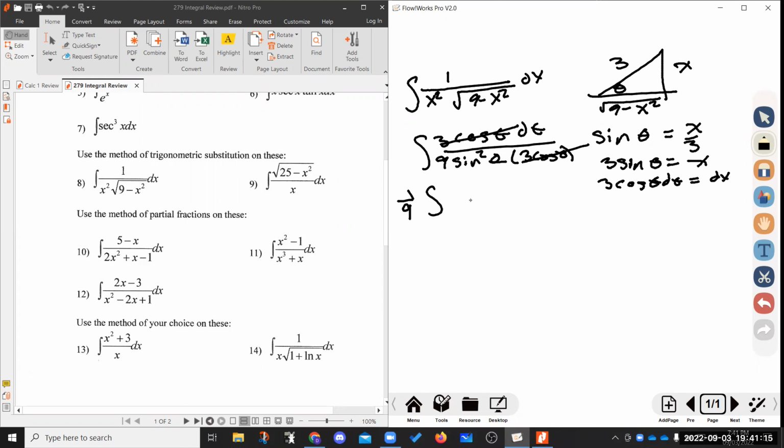Integral of the reciprocal of sine squared is cosecant squared theta d theta. So let's think about, do we have an integral for that specifically? We do not. We have an integral for cotangent though. I'm sorry, yes, we do. This is negative cotangent.